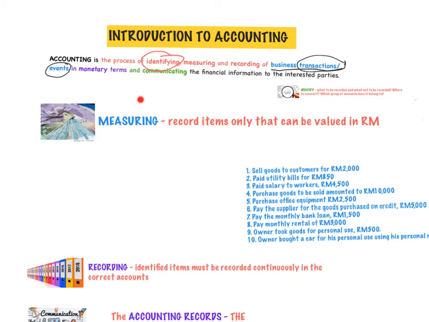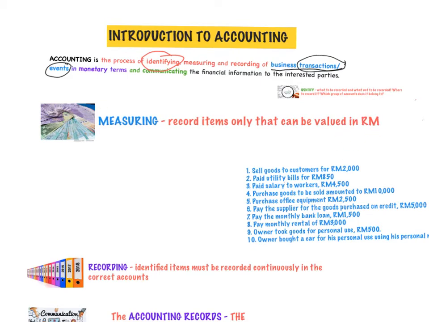So, what is measuring? As you can see, I have a picture of money here. Measuring means you are going to record the items that can only be measured in monetary terms. For example, in Malaysia, you use ringgit Malaysia as our currency.